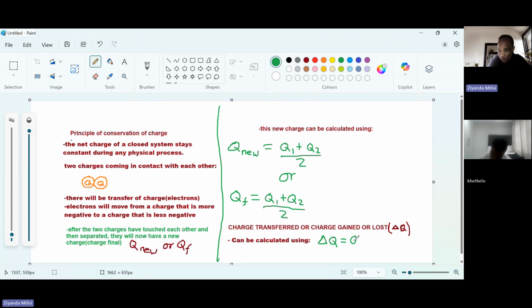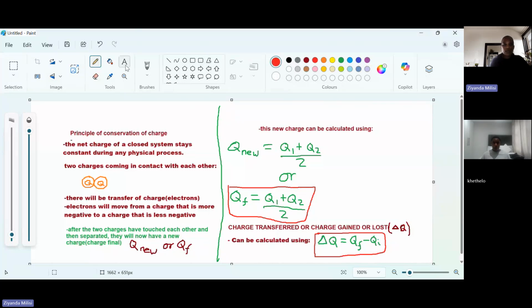So far we have studied two equations: one of calculating Q final and one of calculating charge transferred, to know how much charge was transferred.